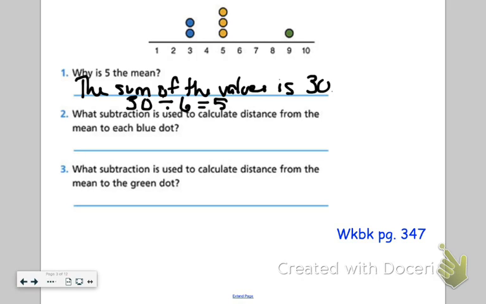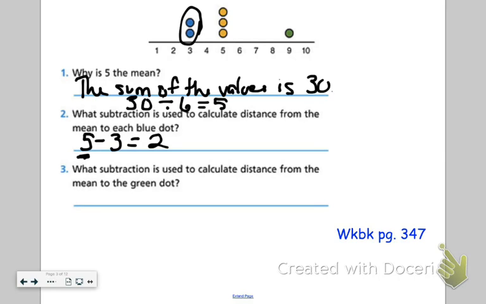What subtraction is used to calculate distance from the mean to each blue dot? So remember, the blue dots were above the 3. So what you probably want to do is 5 minus 3. You're going to take the mean and subtract your 3's, and you're going to get a distance of 2.